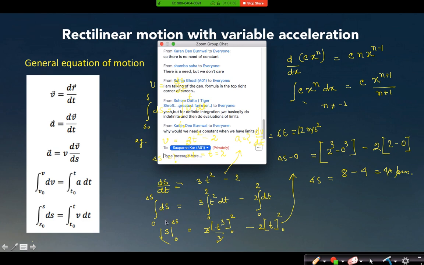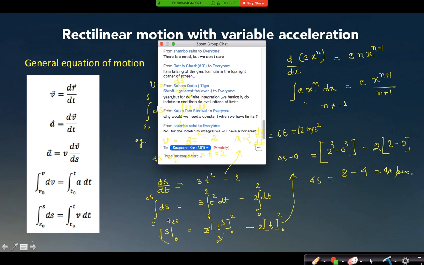So we are doing definite integration here. Yes, but before evaluating the limits, the task we are doing is indefinite integration, and then we put in the limits. So the constant will get cancelled, but it's better to write the constant? No, here you do not have to write the constant.